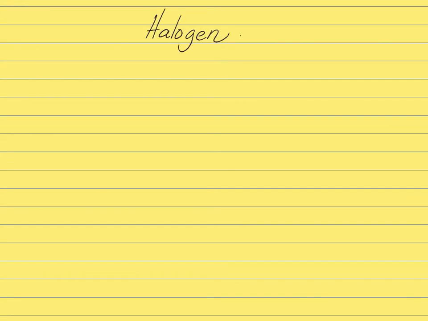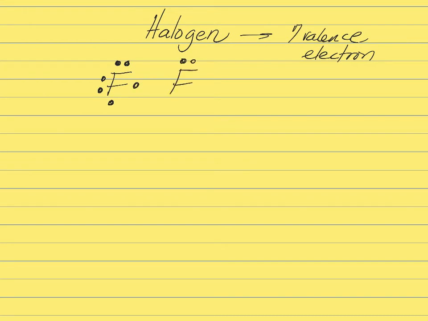Halogens, 7 valence electrons. When halogens form diatomic molecules, they are sharing only 1 pair of electrons. That's a sigma bond. See that?